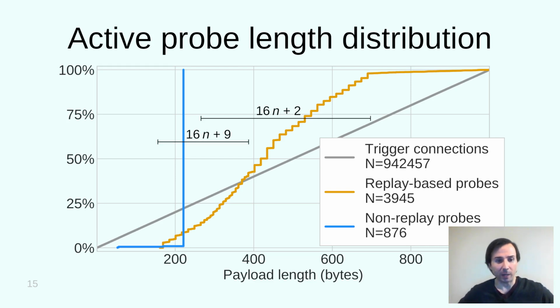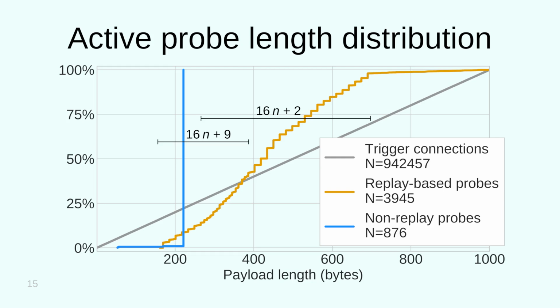And in the interval about 264 to 700, they were more likely to be replayed if they had a length whose remainder was 2 when divided by 16. And in the area where those two intervals overlap, there was a mix of remainders 2 and 9. The authors don't have an explanation for this phenomenon. It's just an intriguing feature of the packet length distribution.